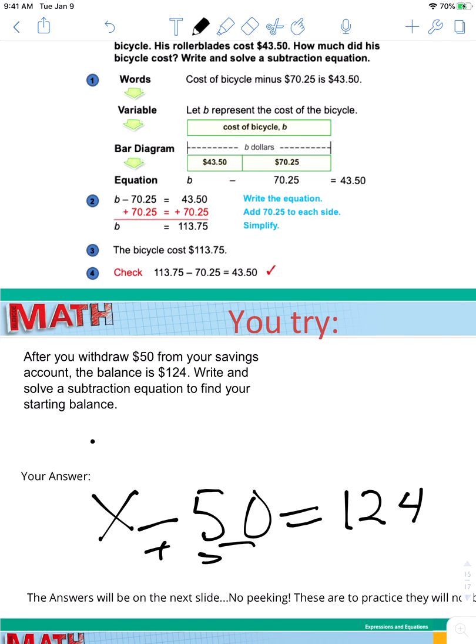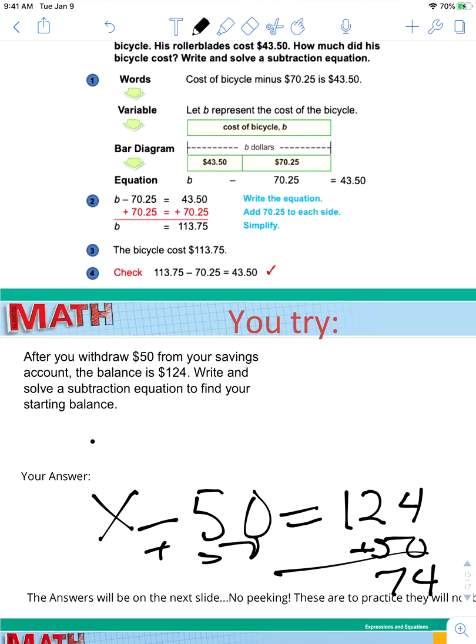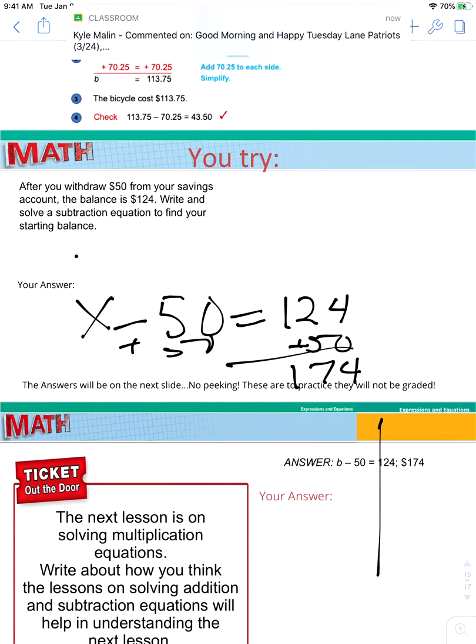And we do a plus 50 to both sides. And we get 4, 7, and 1. And that is $174. And we will check, and that answer is correct. So we are very good.